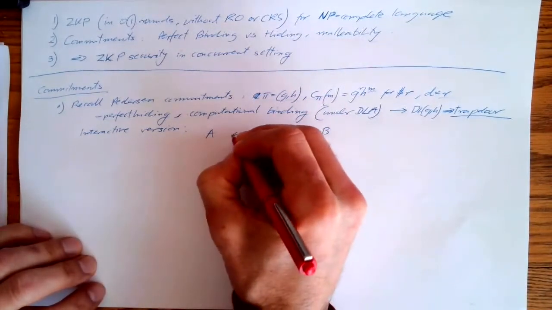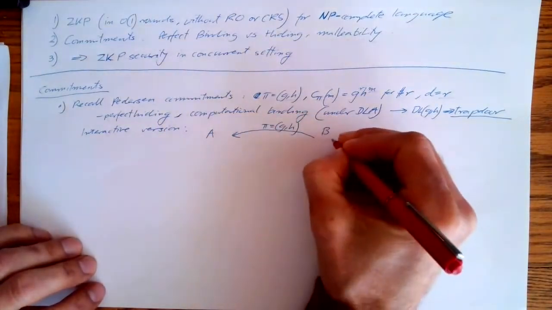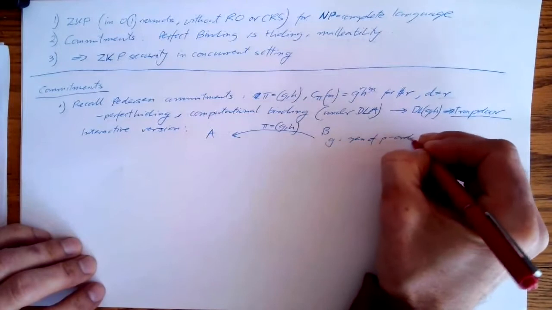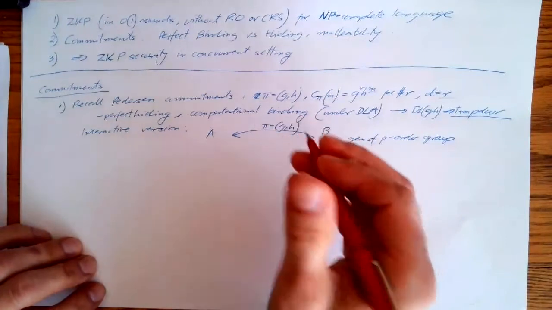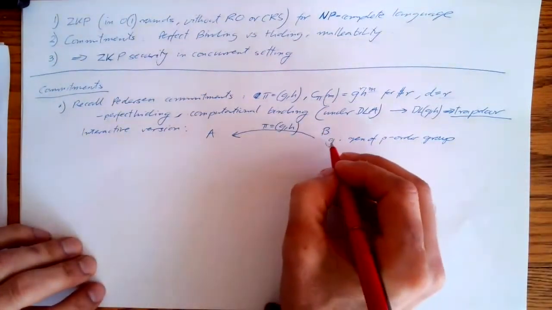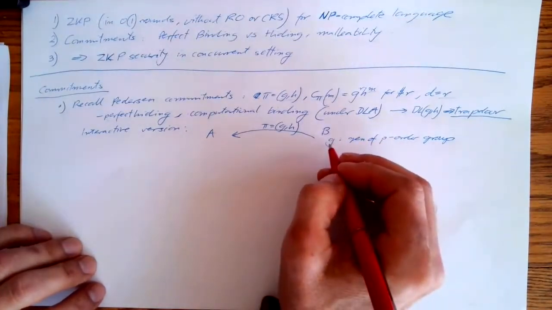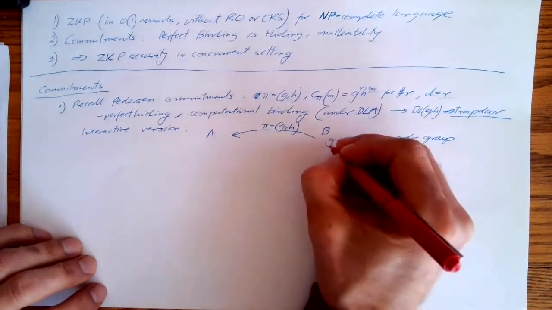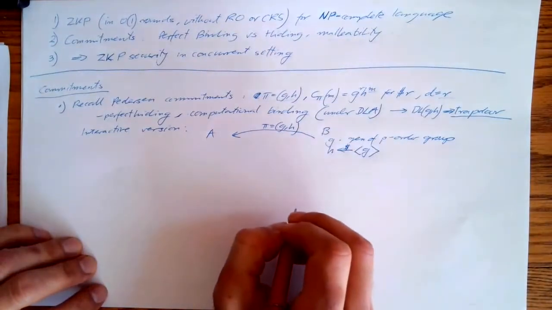How about party B generates the instance of a commitment scheme? So G is a generator of a prime order group, and everybody can verify that it generates a prime order group. This could be any point on a NIST approved elliptic curve, but H is a random element from the same group.